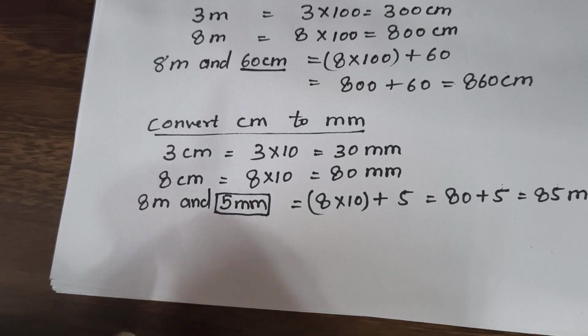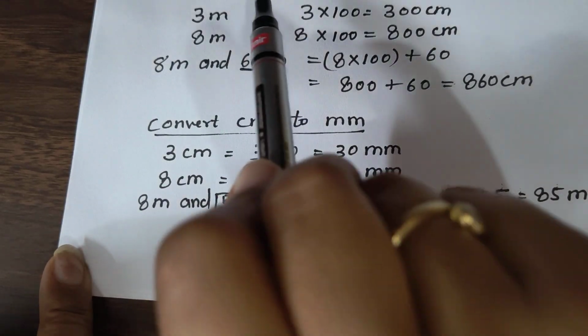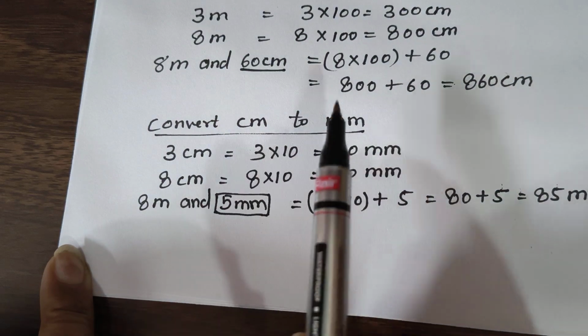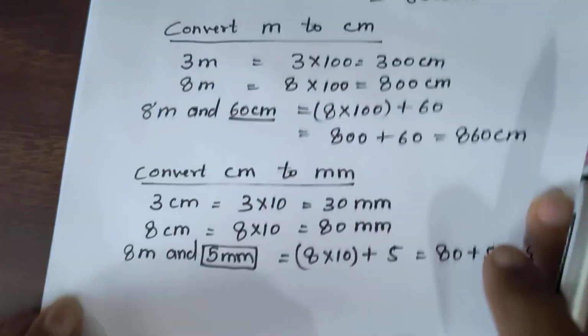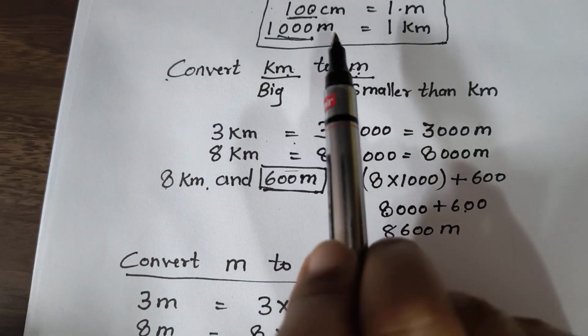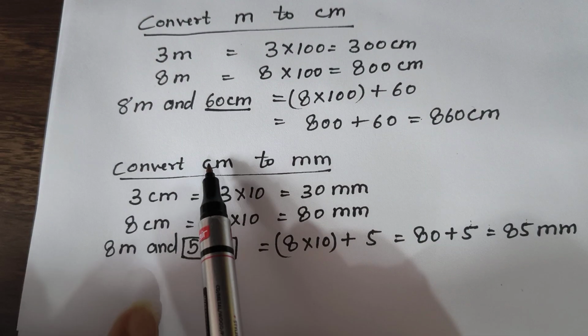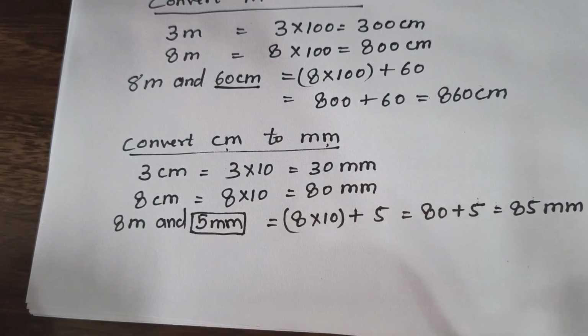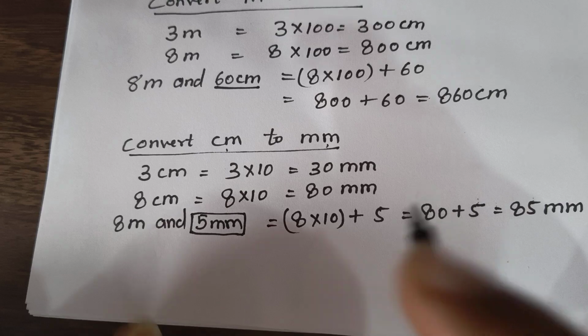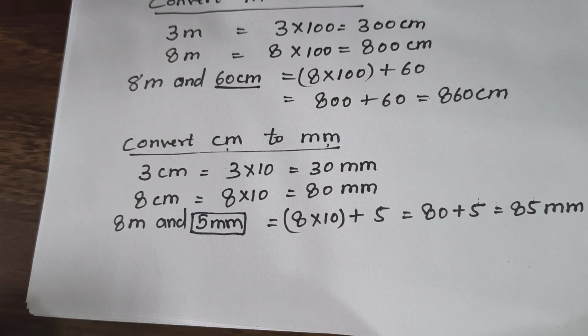Now remember this, we are going from bigger unit to smaller unit, everywhere. When we are converting from bigger unit to smaller unit, बड़े unit से छोटे unit में convert करते हैं तो multiply करते हैं, ठीक है? और नेक्स्ट वाले वीडियो में हम करेंगे छोटे यूनिट से बड़े यूनिट में करते हैं तो क्या करते हैं.